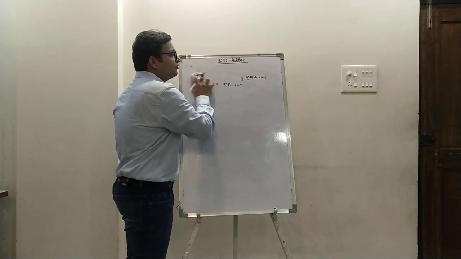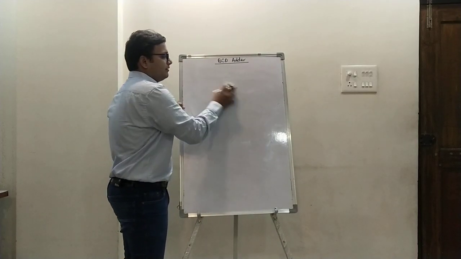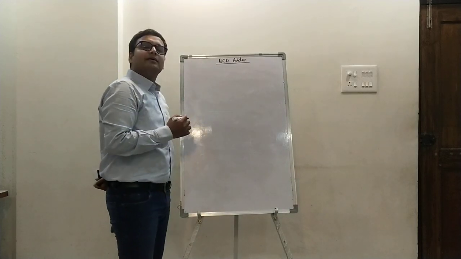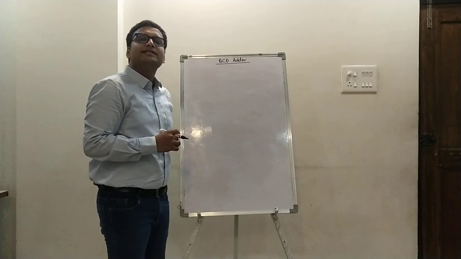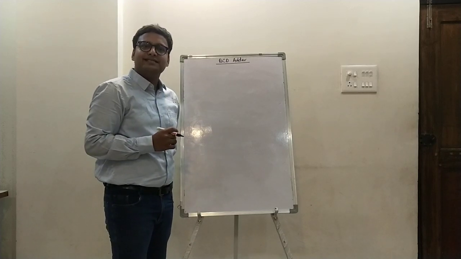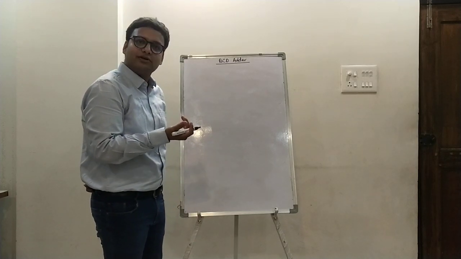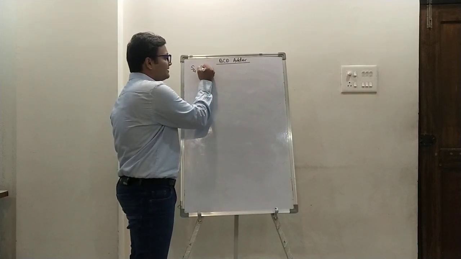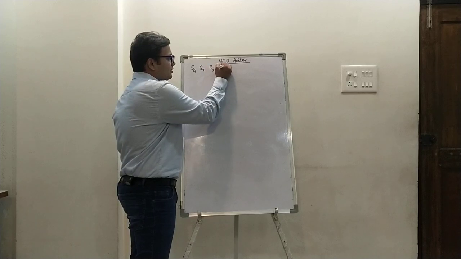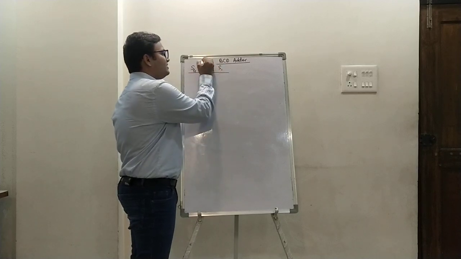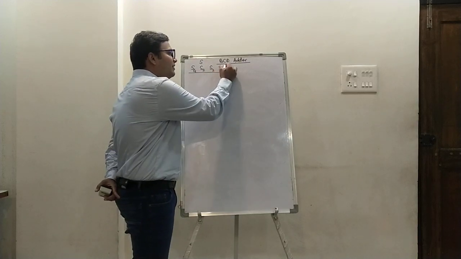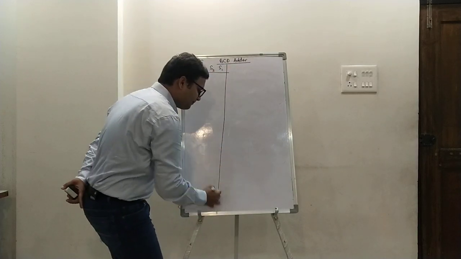Now, if you are going to add two BCD numbers of 4 bits each, then the BCD sum is also 4 bits, which is S4, S3, S2, S1, the BCD sum.